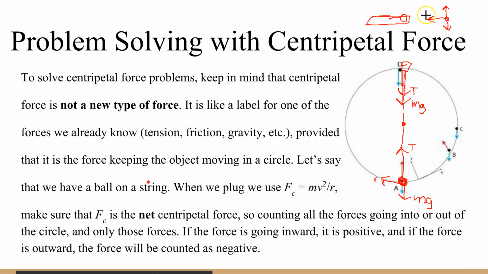This is T. This is F_n, this is F_g. F_n and F_g will not have anything to do with centripetal force. Why? Because they're not even going in the circle. Only tension is directed toward the center for a horizontal circle. So this will be tension.